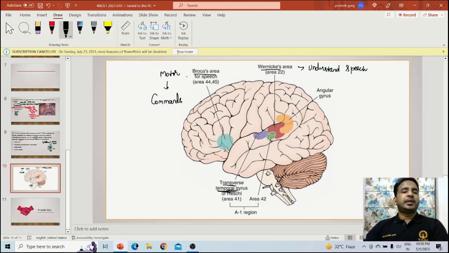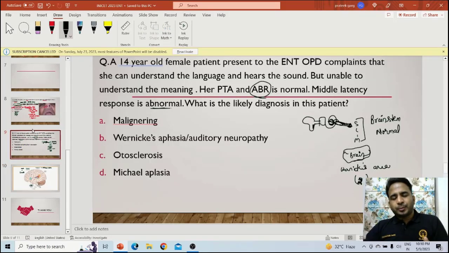In this patient, she can't understand, and the BERA and pure tone audiometry are normal. That means the auditory pathway is normal, and the external, middle and inner ear are normal. So clearly the pathology lies in the brain, particularly in Wernicke's area, area number 22.